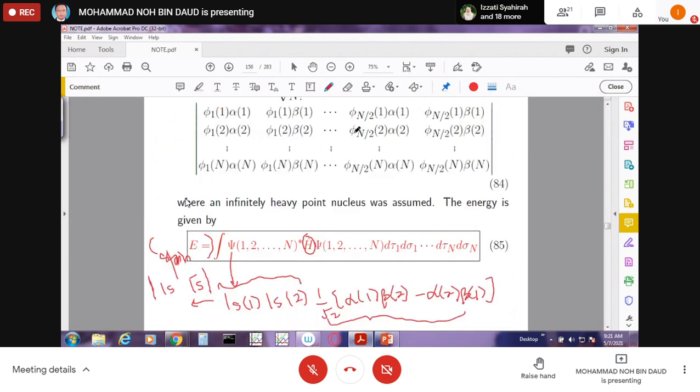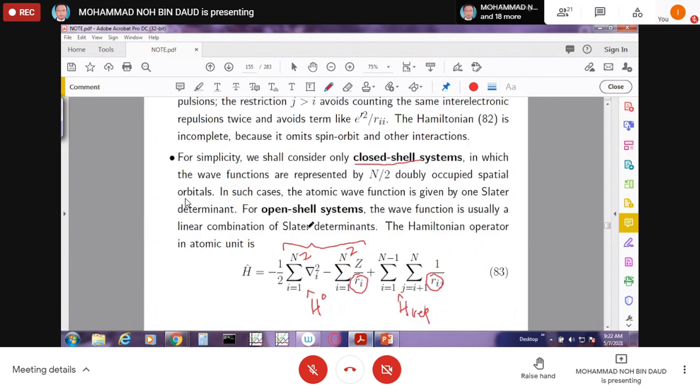Okay, when you substitute into this one, using this Hamiltonian operator, which can be expanded here in atomic units for helium, you have seen this before.